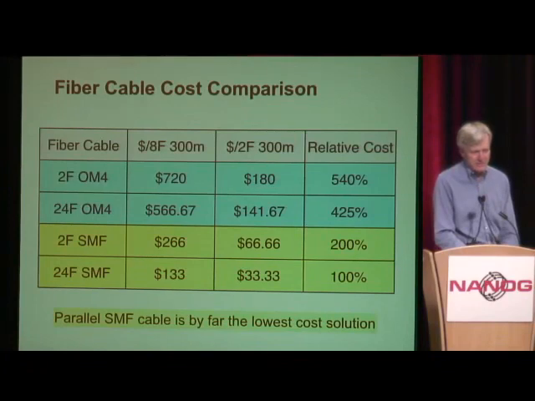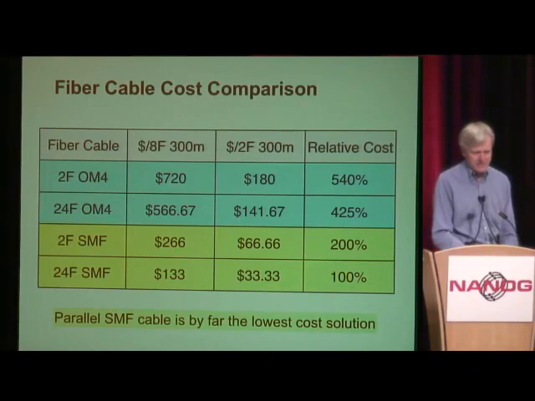Now, what people do today, typically 2 fiber OM4, is roughly almost 5.5 times more expensive than the same fiber cost at a multi-fiber, 24 fiber, single mode fiber.